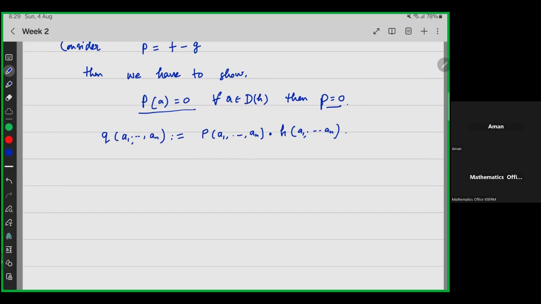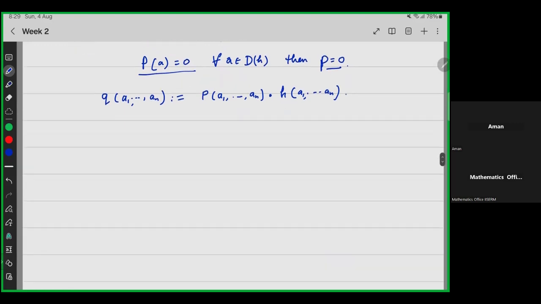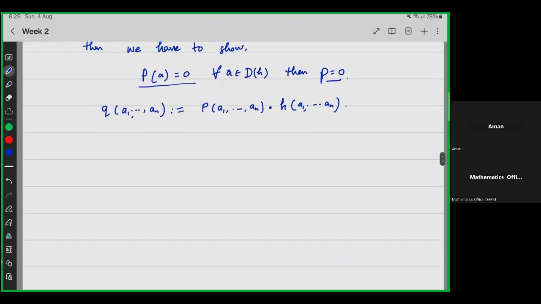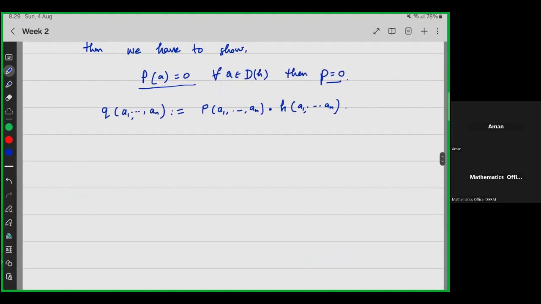Okay, so what is happening here? What is so special about Q? Q is 0 for every (a1, ..., an) belonging to A^n, right?